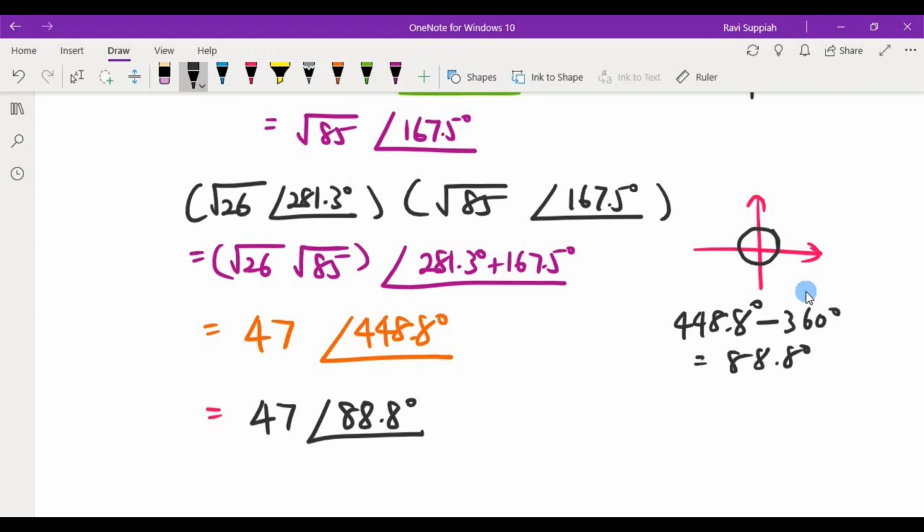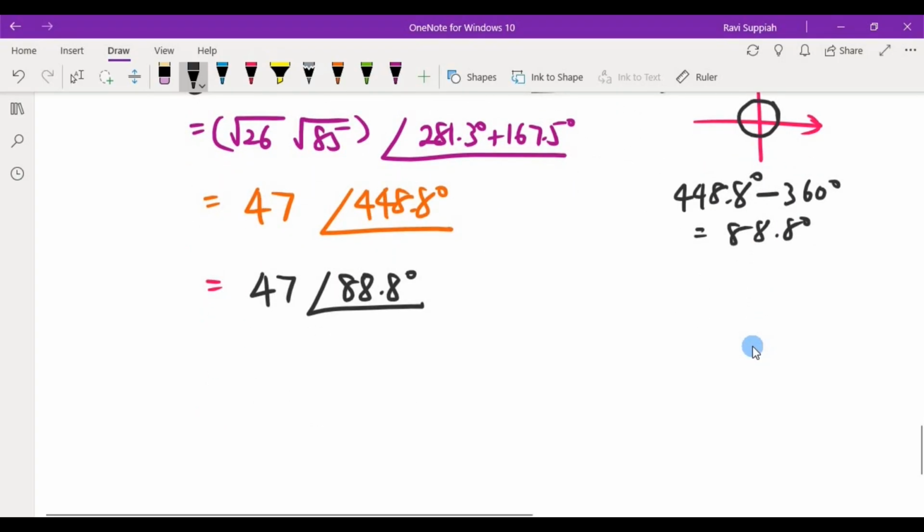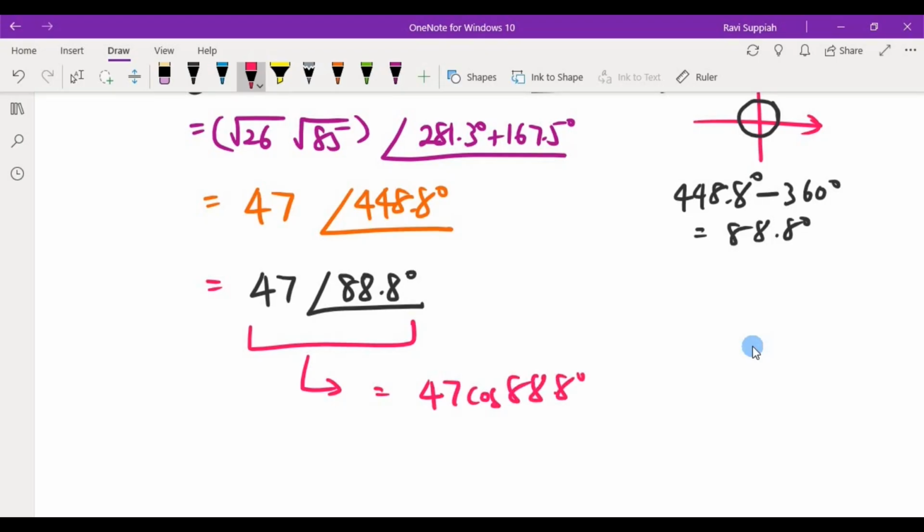Okay, you can of course convert this back to rectangular form, by using the approach that we have seen so far, which is to say it is r cosine theta plus j r sine theta.